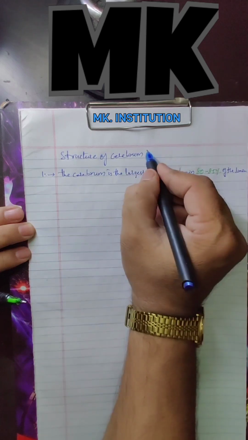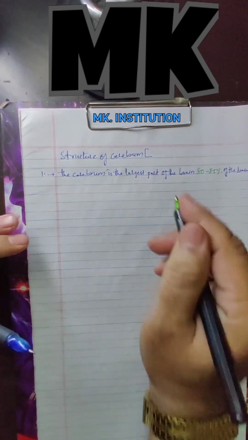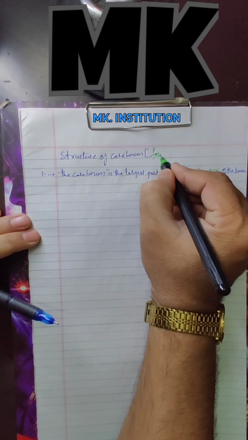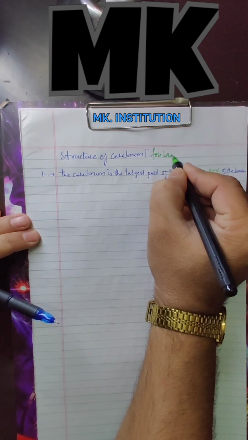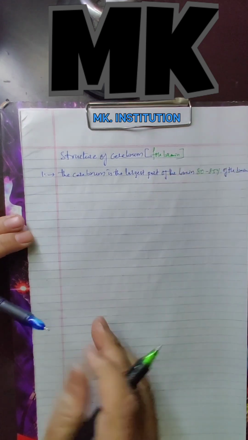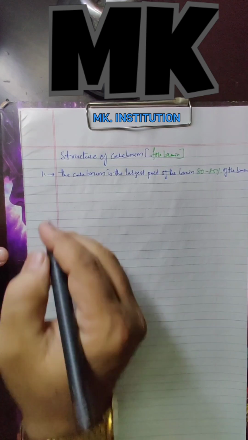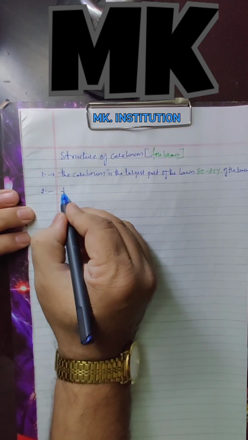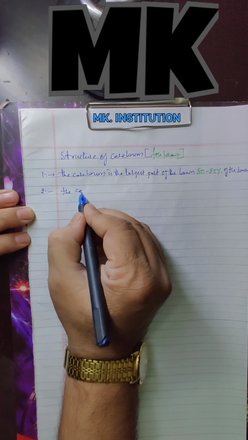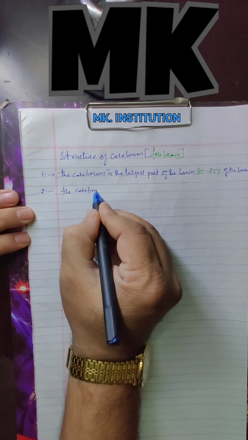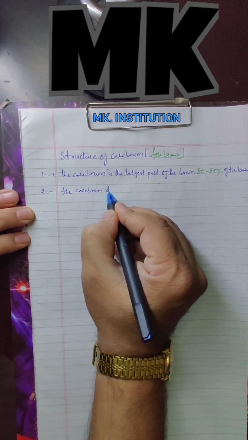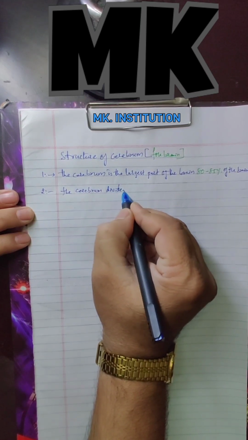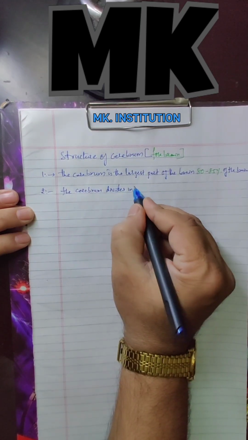This cerebrum otherwise is called as a forebrain. Clear? Now the second point. The cerebrum divides into two hemispheres.